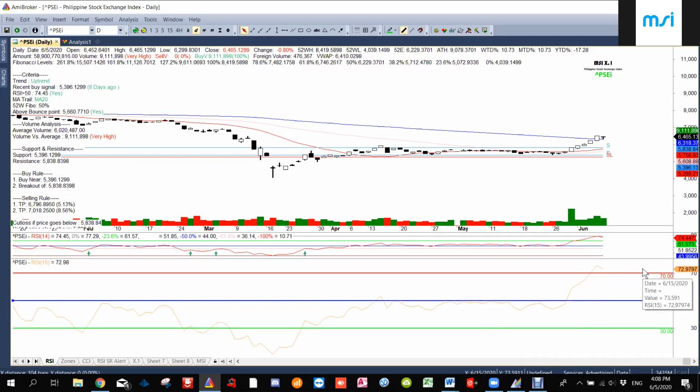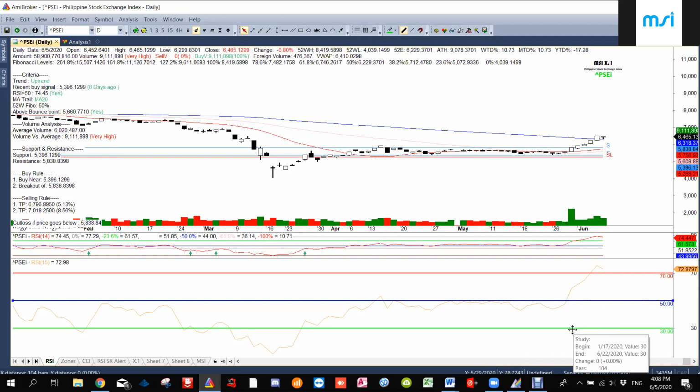So expect na magkakaroon ng faster price movement, okay? Faster price action or bigger price action dyan sa area na yan. So momentum traders would be looking at stocks na mataas or near RSI 70. So low risk trader would go near 30.